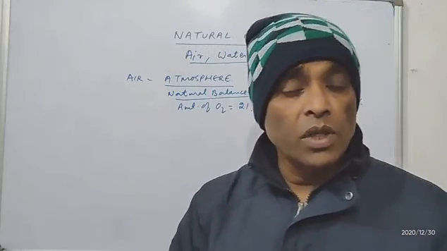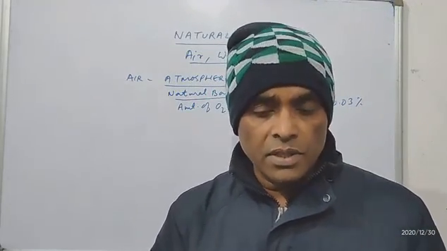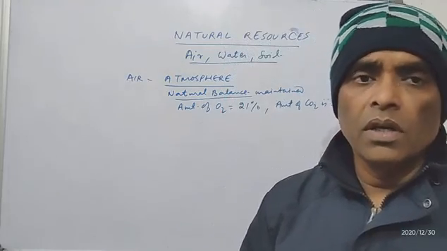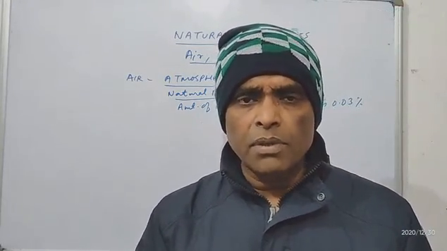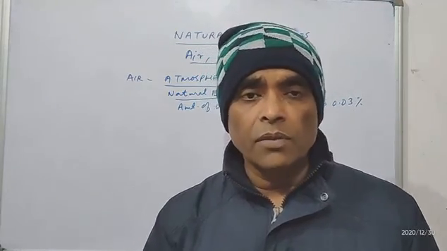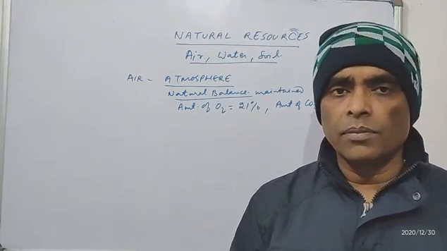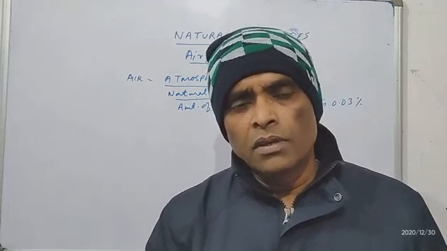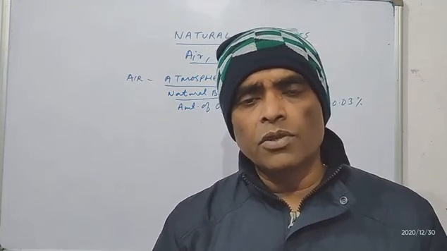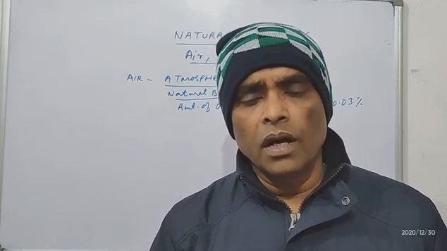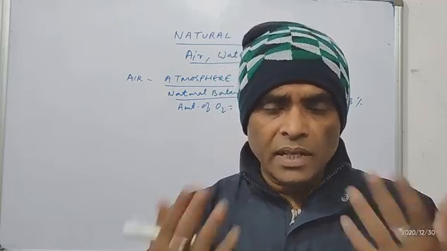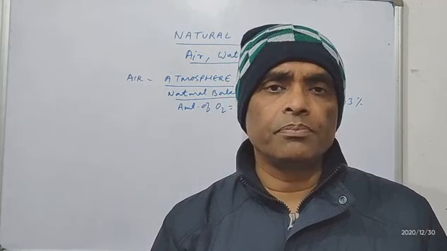The amount of oxygen, 21%, is highly essential for the survival of living organisms and to carry out all sorts of burning and combustion processes on which our life depends. We need that oxygen. But you can imagine that so many millions of living organisms on this universe, when they breathe, take in oxygen and release out CO2.